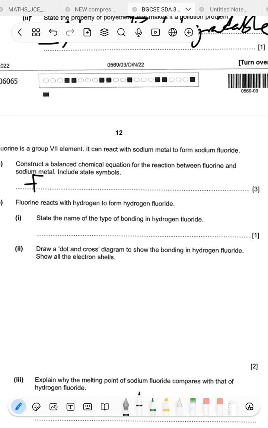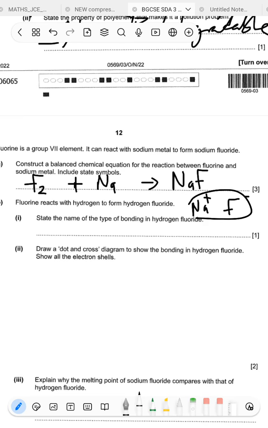Okay, F. Now remember, group 7 elements exist naturally as diatomic. So this is going to be F2 plus sodium metal remains a monoatomic, so it's just Na. Now what do we get? Sodium fluoride, NaF, because Na is plus and F is minus, so they just combine like that.